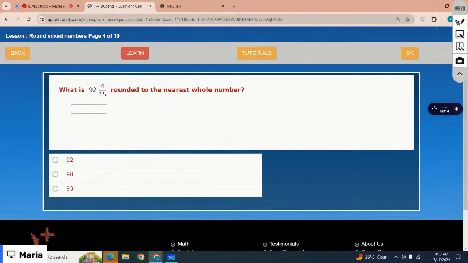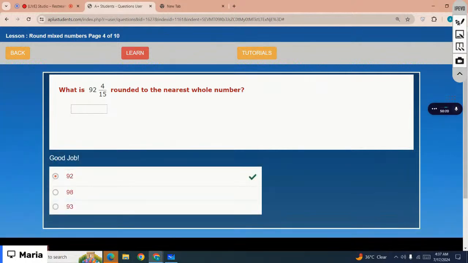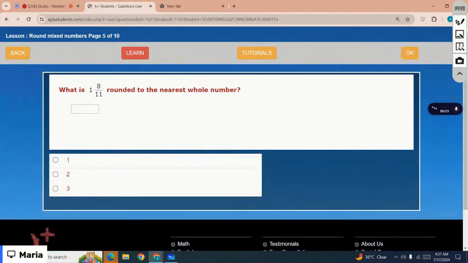So you need to round off to the same whole number. It would be rounded off to 92.